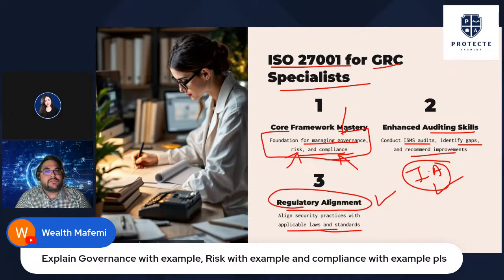So governance, two types of governance. First of all, let us try to understand that. I can speak for 2 hours on this question. So, two types of governance, Wealth. One is the corporate governance, and second is the governance that is from the compliance and regulatory standards that the law of the land wants you to follow.